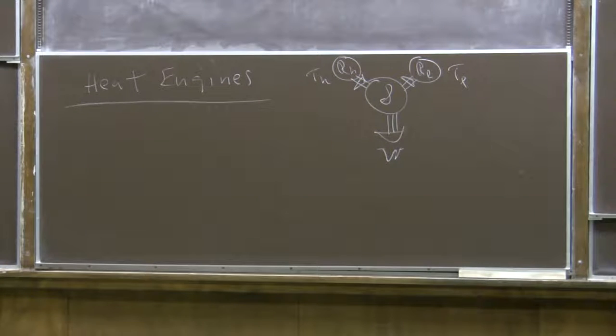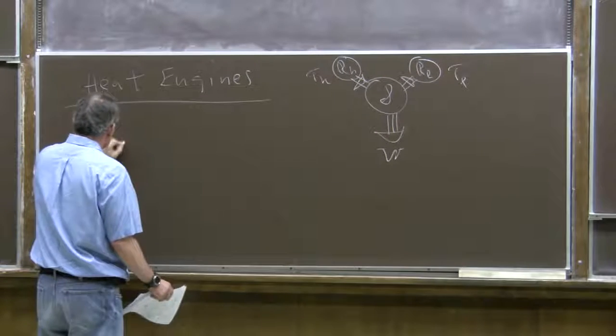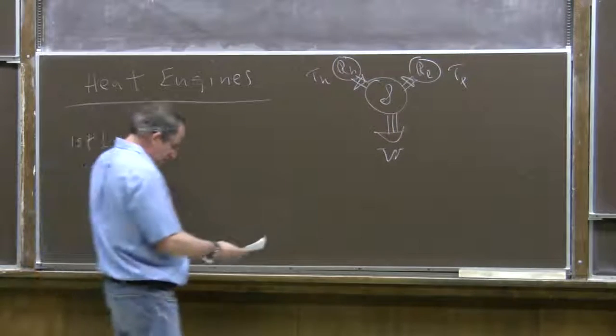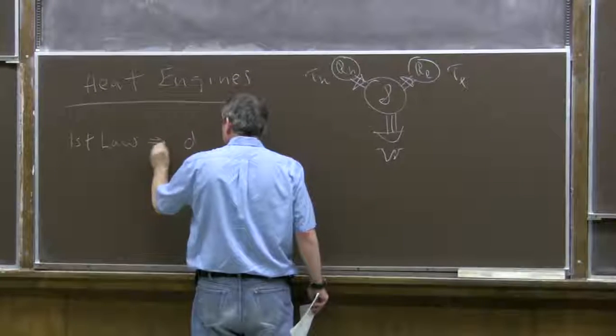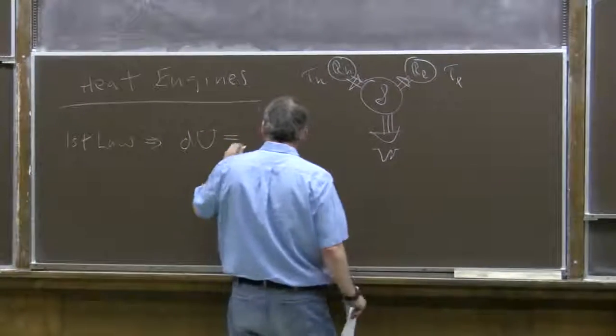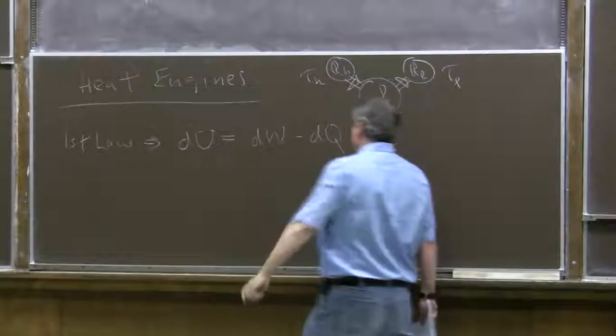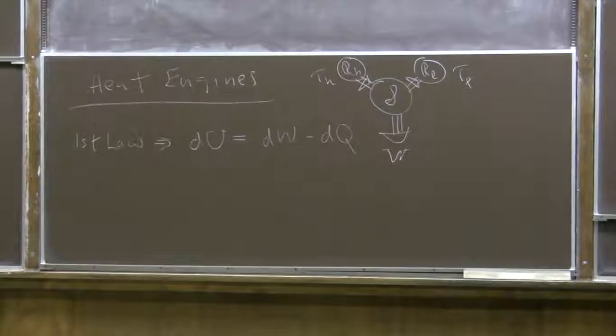Now, the first thing that we need to get straight is we're going to make heavy use of conservation of energy, the first law of thermodynamics, which says that the change in internal energy for the system can be written as the difference between work done and heat flow.